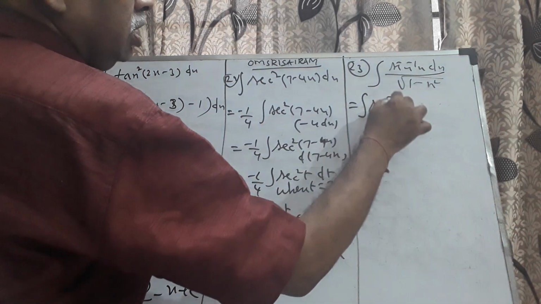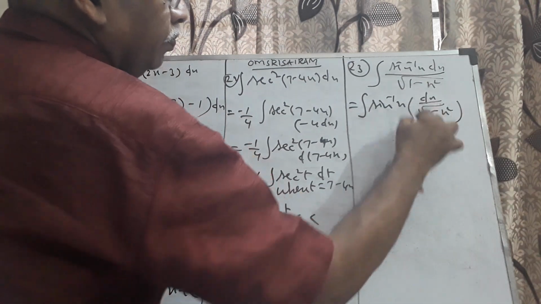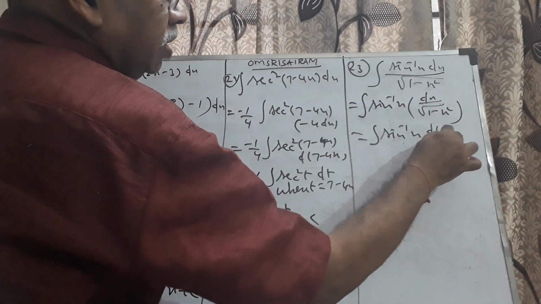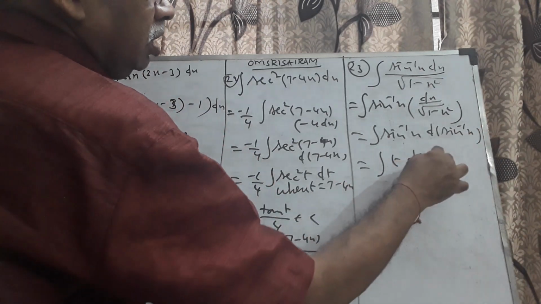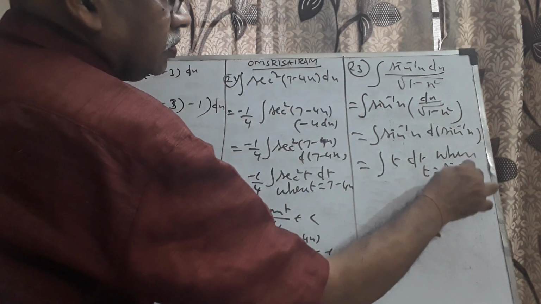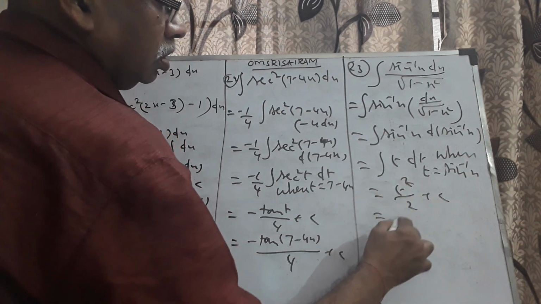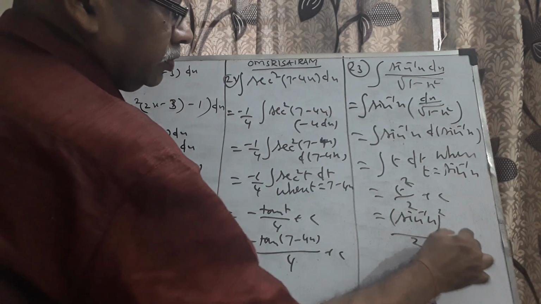This will be sine inverse x, dx by root of 1 minus x square, which can be written as sine inverse x d of sine inverse x, which is integral t dt, where my t is sine inverse x, which is nothing but t square by 2 plus c, which is sine inverse x the whole square by 2 plus c.